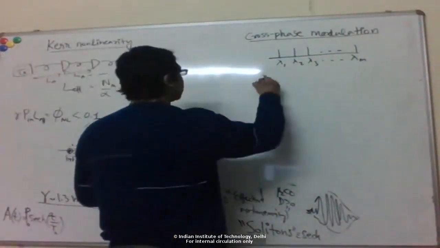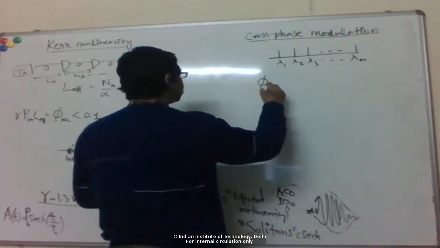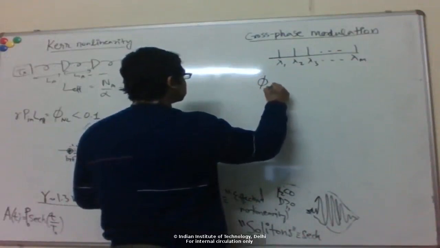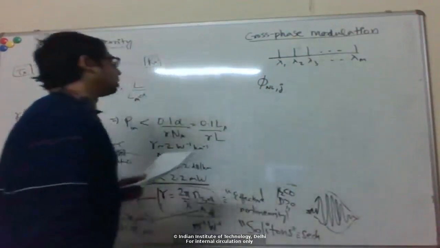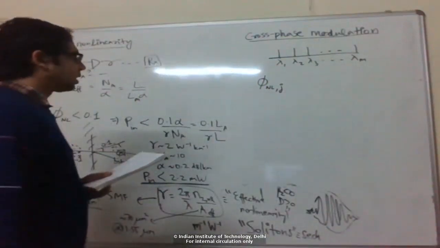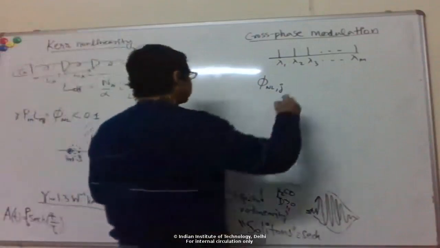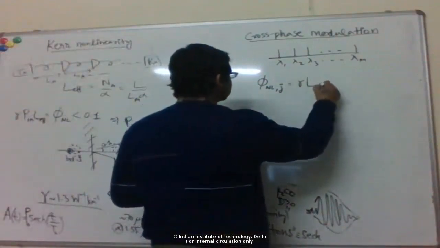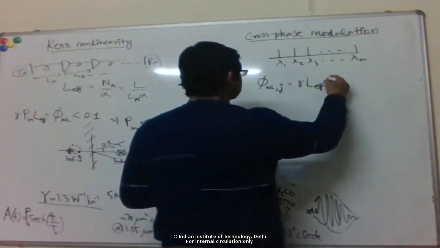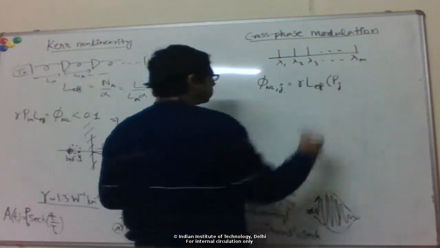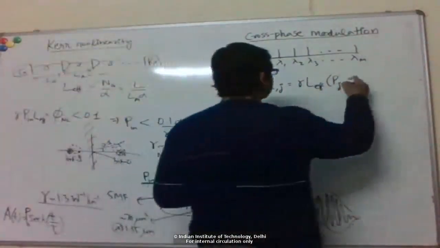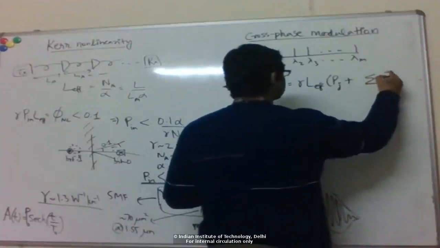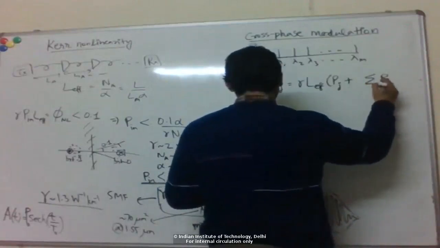Then if I look at the nonlinear phase shift for the jth channel, if we take some jth channel here and look at the nonlinear phase shift that it experiences, then of course it will see self-phase modulation, due to its own intensity. Plus, now it also experiences cross-phase modulation from the other channels.